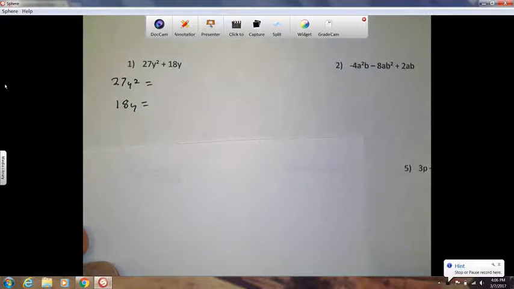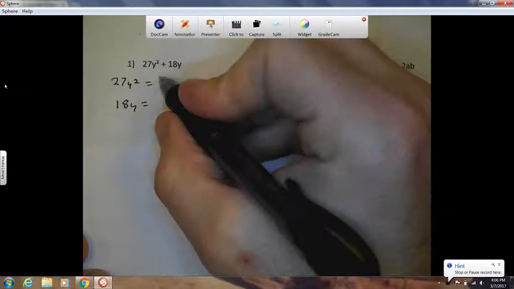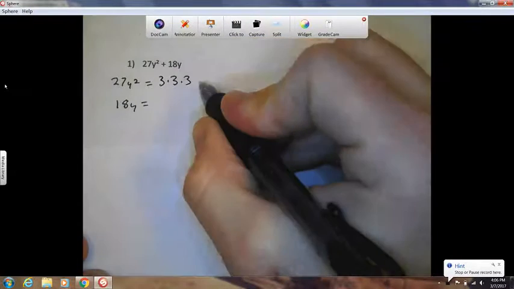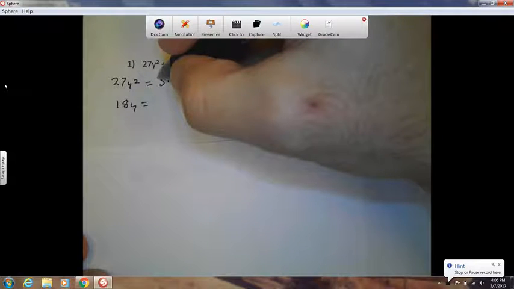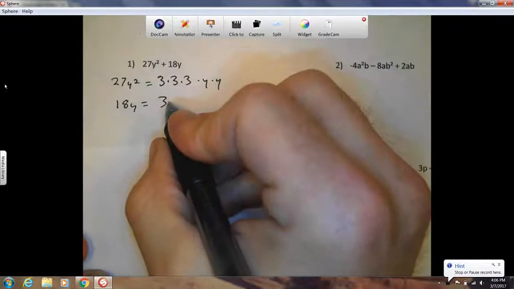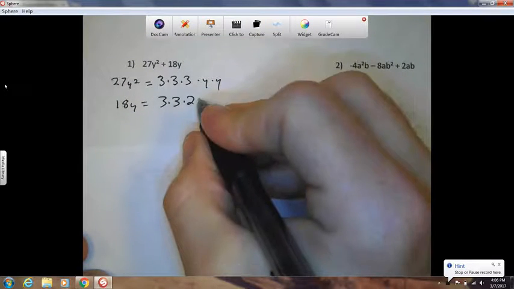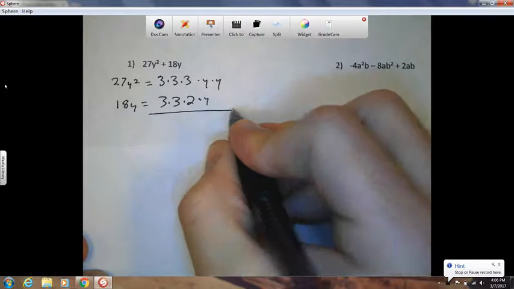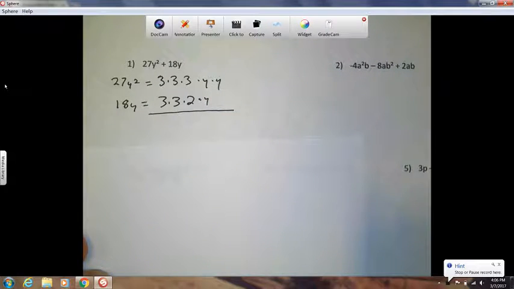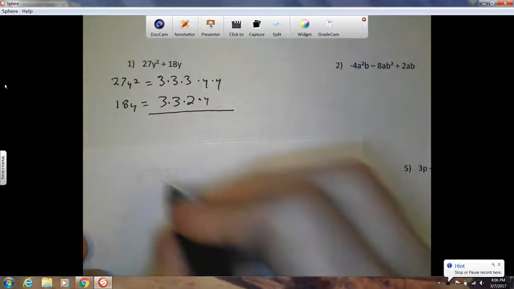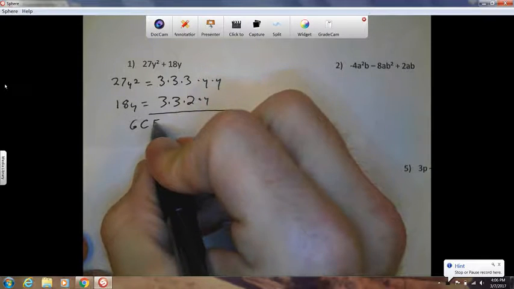So 27 is 3 times 3 times 3, and y squared is y times y. So again, this is where knowing those math facts can help it go a lot quicker. 18 is 3 times 3 times 2, because that's 9 times 2, and also times y. Now what I'm looking for, since it's the greatest common factor, is what's common for both?